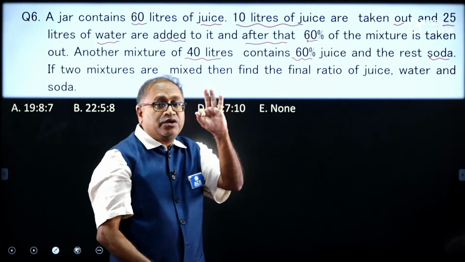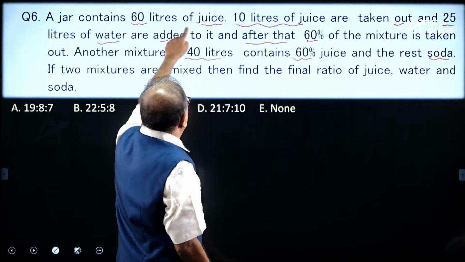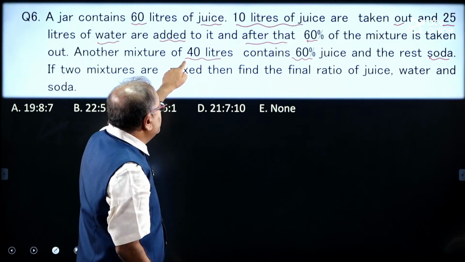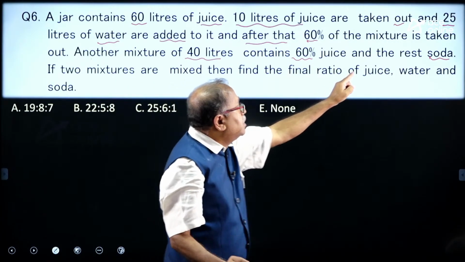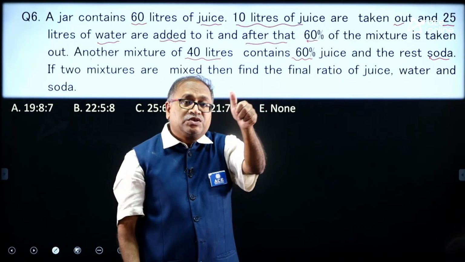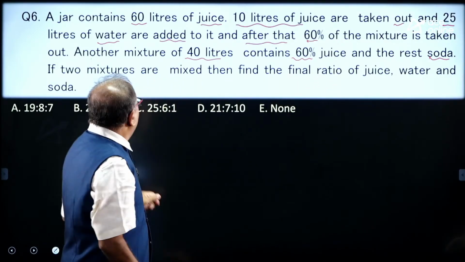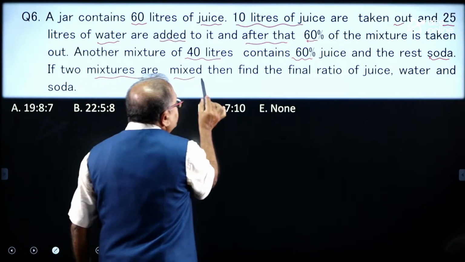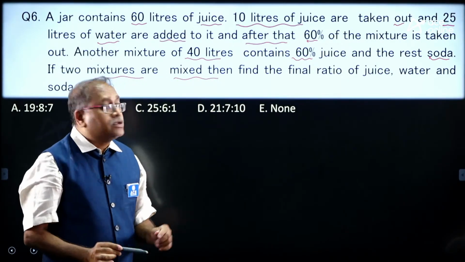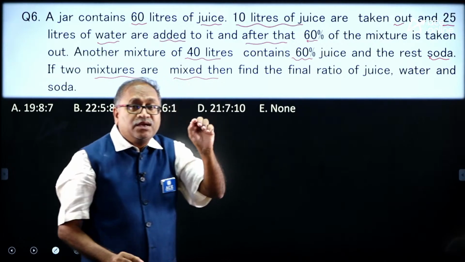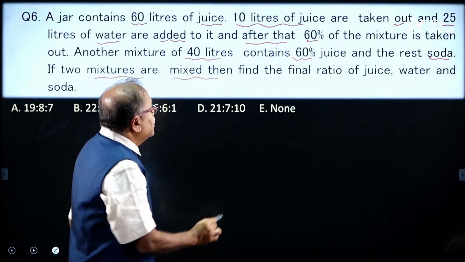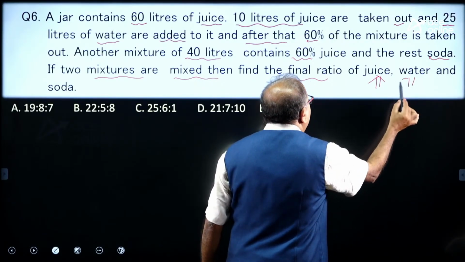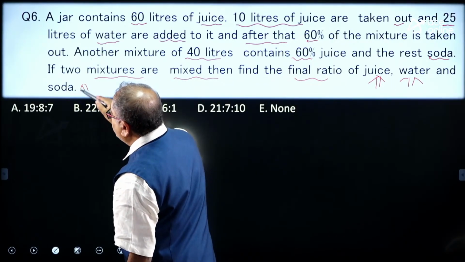We got 3 elements here. One is the juice here and 25 liters of water is added, and this 40 liters has 60% juice and the rest is soda. So, that means juice, water and soda. If these two mixtures are mixed, 60% of the first one is mixed with the second one, then find the final ratio of juice, water and soda.